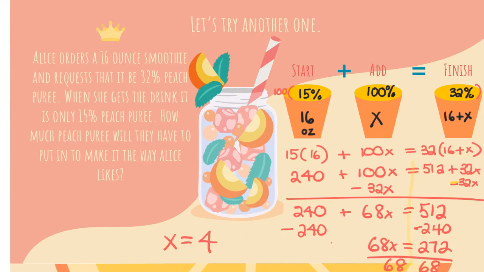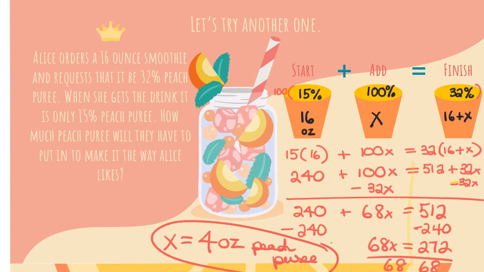I go back up to my little table up here and say, what did I just find? Well, in looking at this, it seems I found that X right there. I found that she wants to add 4 ounces of pure peach puree. I don't know why I chose peach puree because it's hard to say over and over and over. There we go.